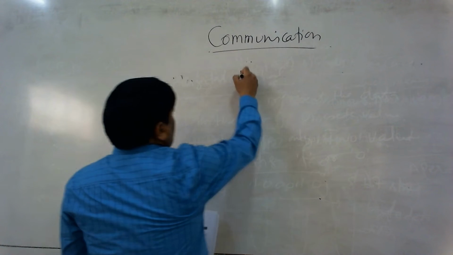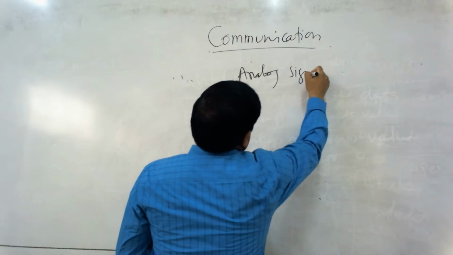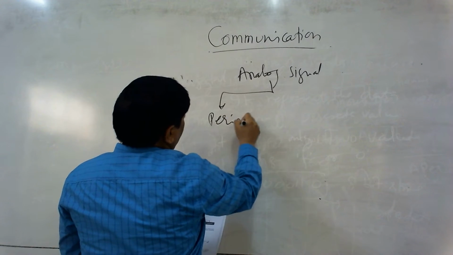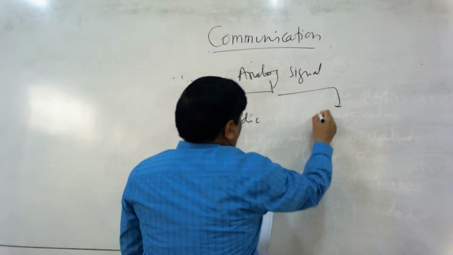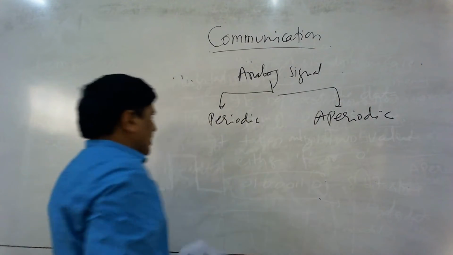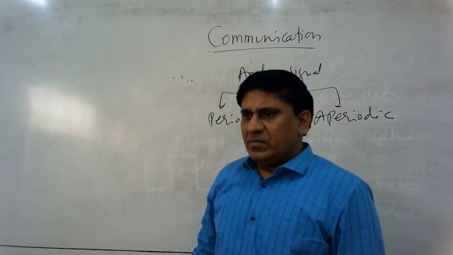So analog signal is of two types, periodic and aperiodic. First we will consider only periodic signal.